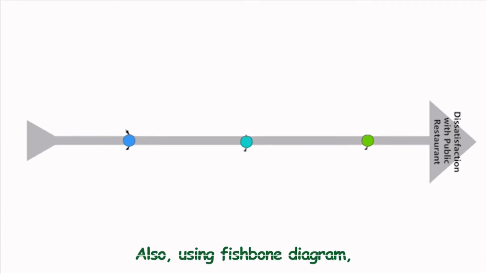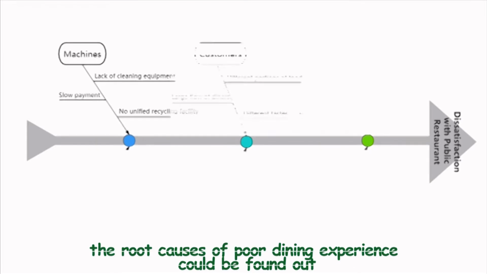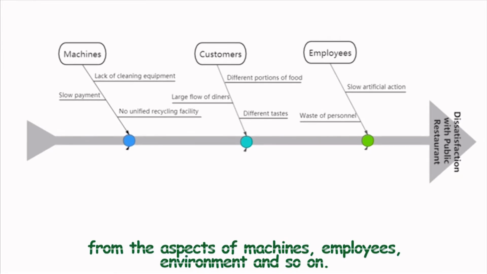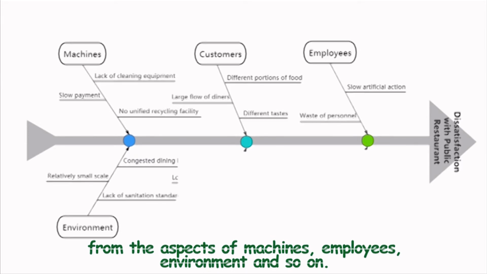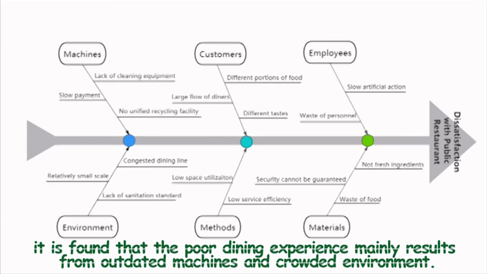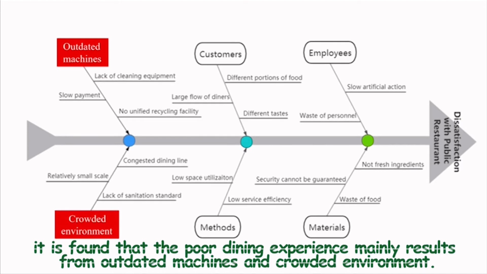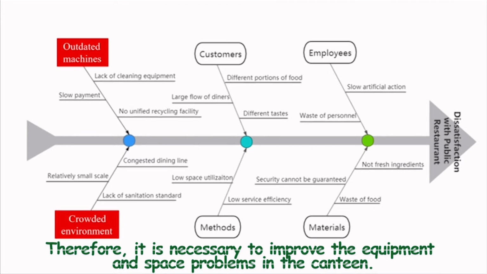Also, using a fishbone diagram, the root causes of poor dining experience could be found from the aspects of machines, employees, environment, and so on. Through causality analysis, it is found that the poor dining experience mainly results from outdated machines and a crowded environment. Therefore, it is necessary to improve the equipment and space problems in the canteen.